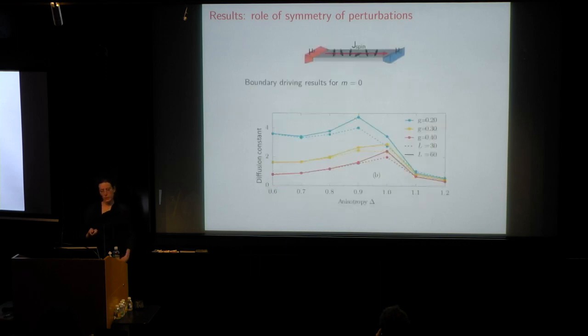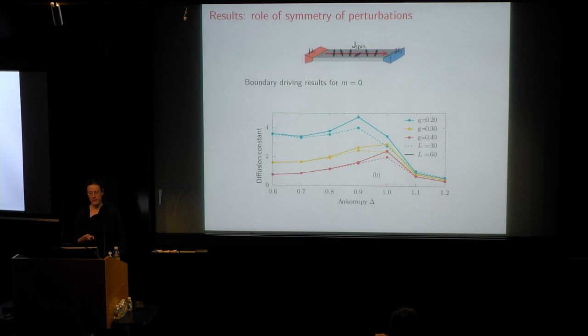And indeed, when we repeated the tensor network calculation on open systems, we saw that the strongest diffusion constant was appearing at the isotropic point, again moving towards smaller anisotropy as the perturbation strength was reduced.